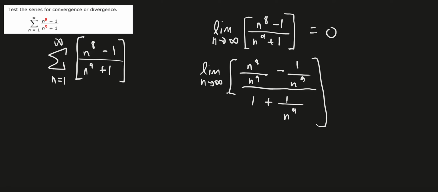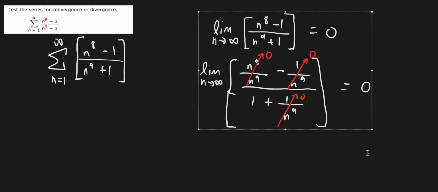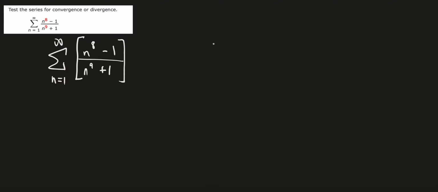And this would get you to 1 over n, and then if you go to infinity, it's going to be 0. This is going to get you to 0 as well, because the denominator is getting large, and so it's just 0 over 1, which is just 0. Simple as that. So that doesn't help you. So that was just a waste of time. No, it's not really a waste of time. It's good to check everything.